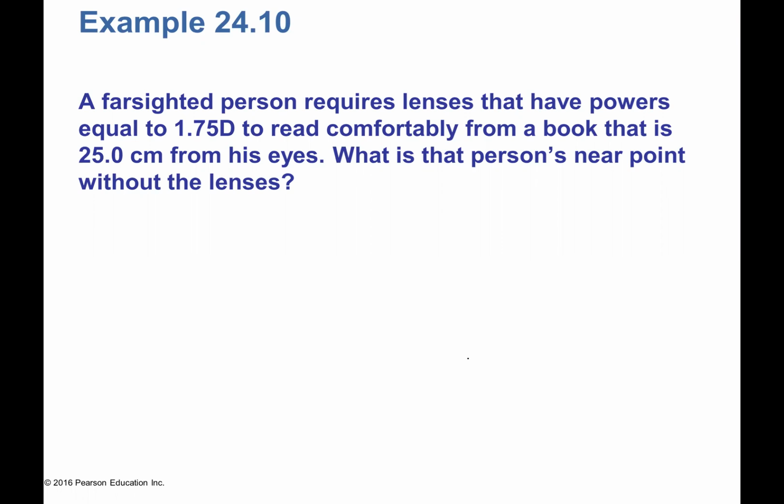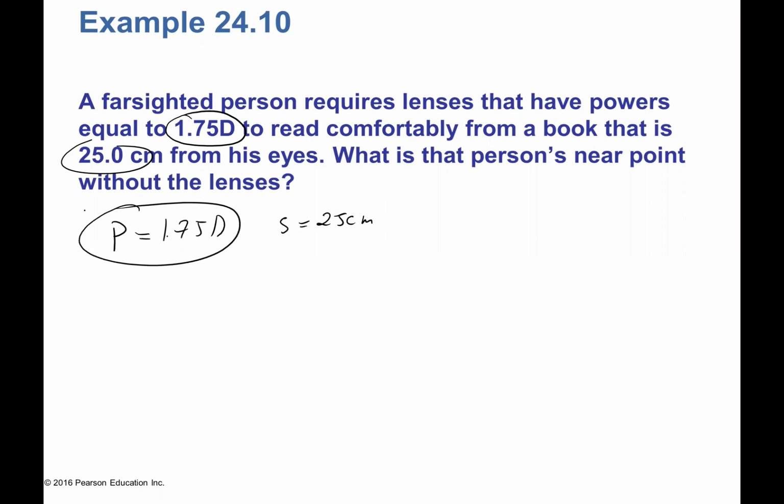So if we're trying to correct this person's vision, we're given that the power is 1.75 diopters, and the book, which is the object, is 25 centimeters away.